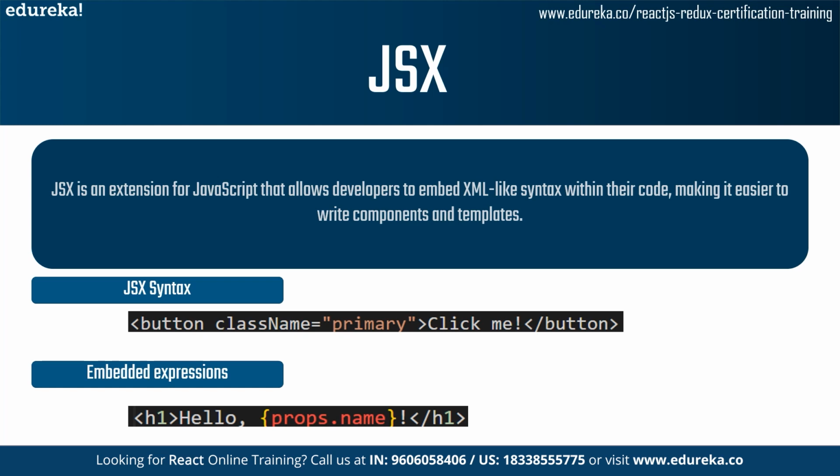So if I want to conclude what JSX is, it is nothing but a powerful syntax extension for JavaScript that can make it easier to write components in React. With its improved readability, reusable components, and ease of use, it is a great tool for building complex user interfaces. So I hope you understood JSX.